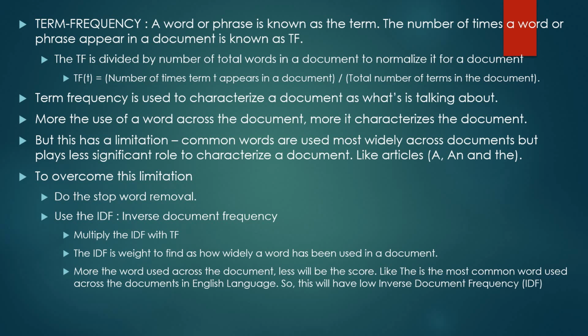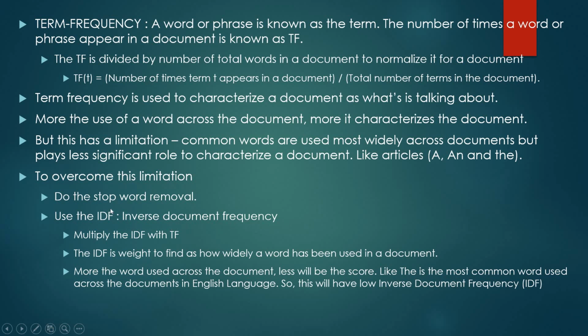So how will we remove the stop words, how will we overcome this limitation? First is to do the stop word removal, right? There are different ways to remove the stop words. The other one is to use the IDF, which we will discuss in the coming videos, known as the inverse document frequency.